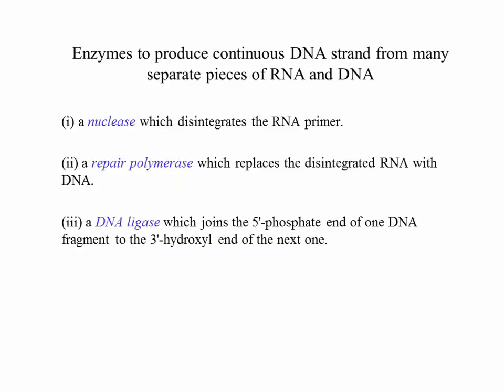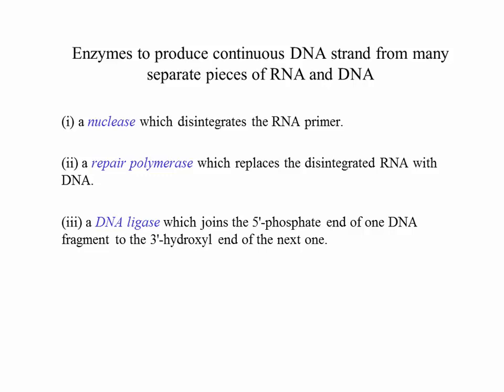And so the enzymes that are needed to produce a continuous DNA strand from many separate pieces of RNA and DNA. First, you need a nuclease. Again, a nuclease is an enzyme which basically disintegrates nucleic acids, right? So a nuclease which disintegrates the RNA primer. Then you need a repair polymerase, which replaces the disintegrated RNA with DNA. And then you need something that is called a DNA ligase.